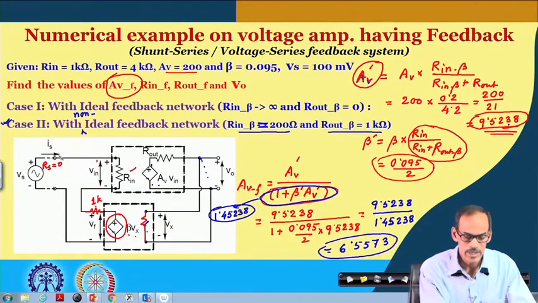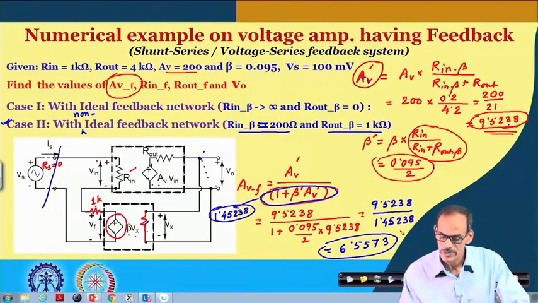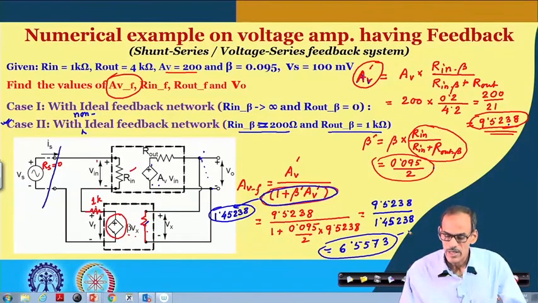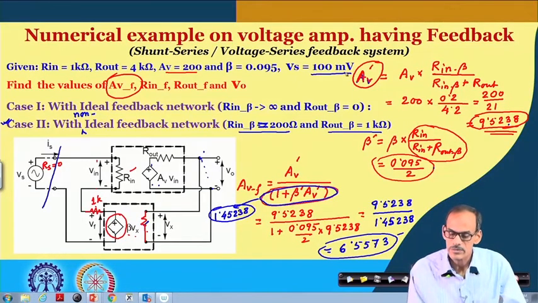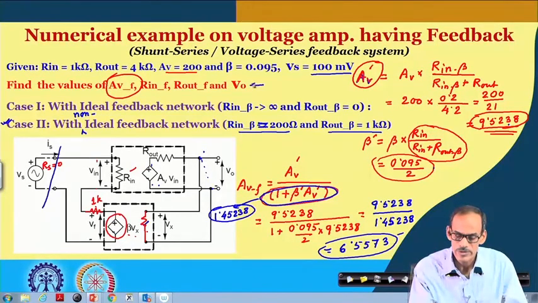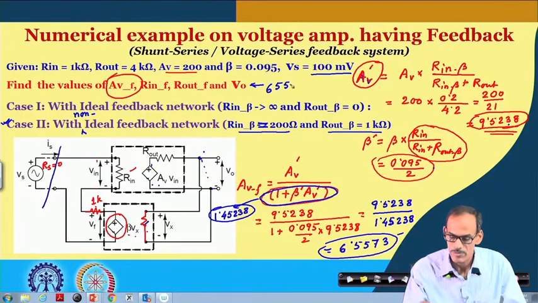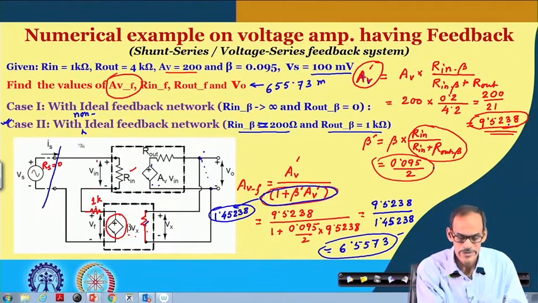So, earlier the gain from here to here was 10, now it is 6.55. So, if we are applying, say, this 100 millivolt, what we are expecting for the corresponding voltage here is 655.73 millivolt, as the gain of this entire circuit.